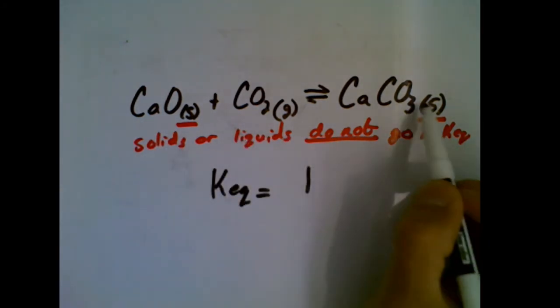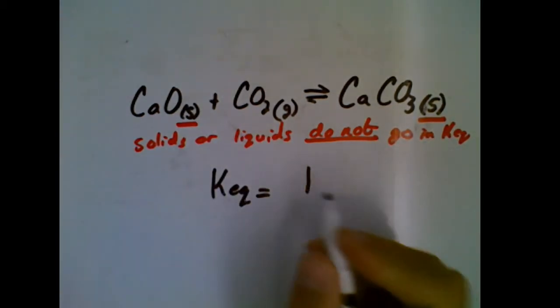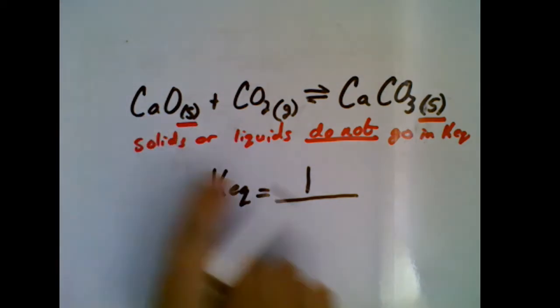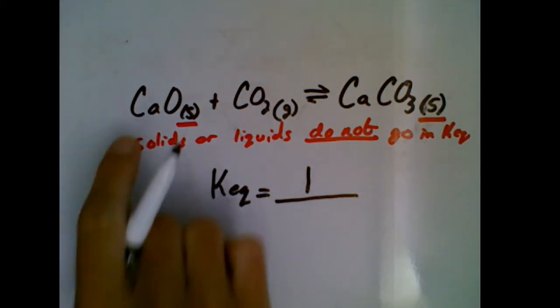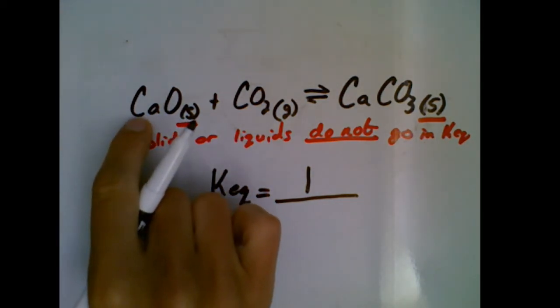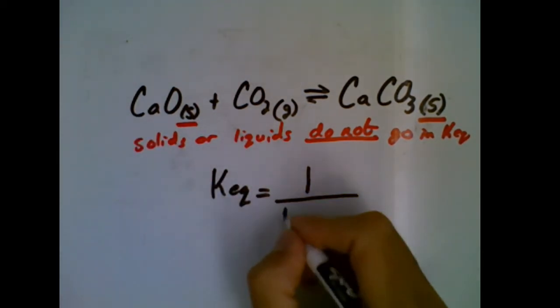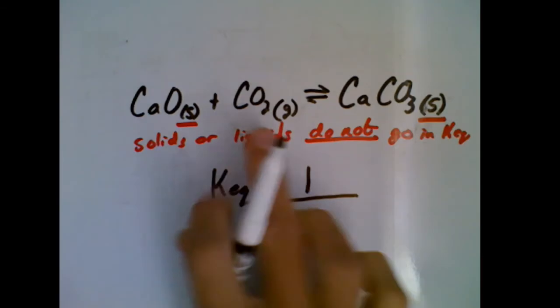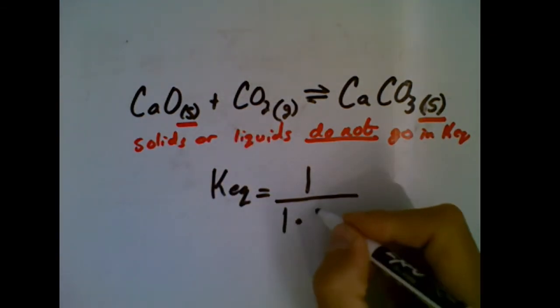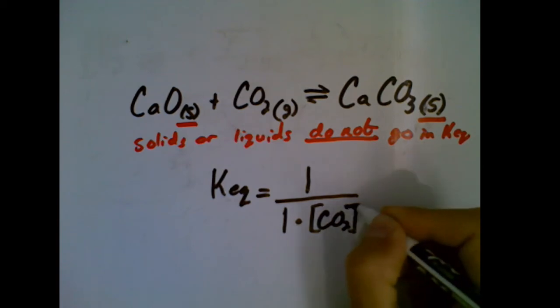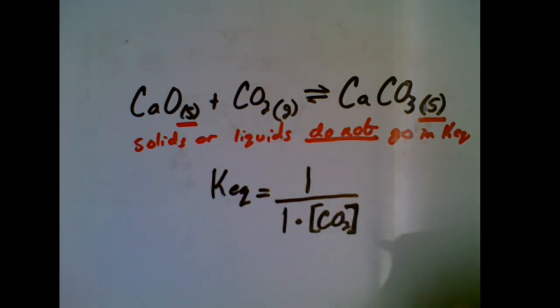Solids and liquids do not go in. That also means that we would replace CaO on the bottom in the denominator as a solid. We would replace it with a 1, but anything multiplied by 1 is just going to be itself. And CO2 is a gas, so we do include that. And this would be our equilibrium equation.